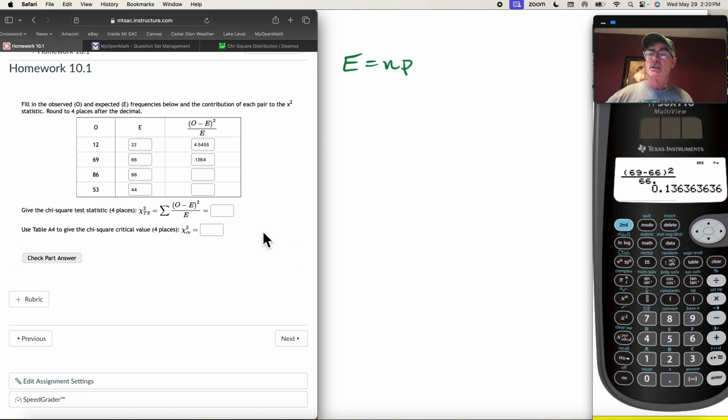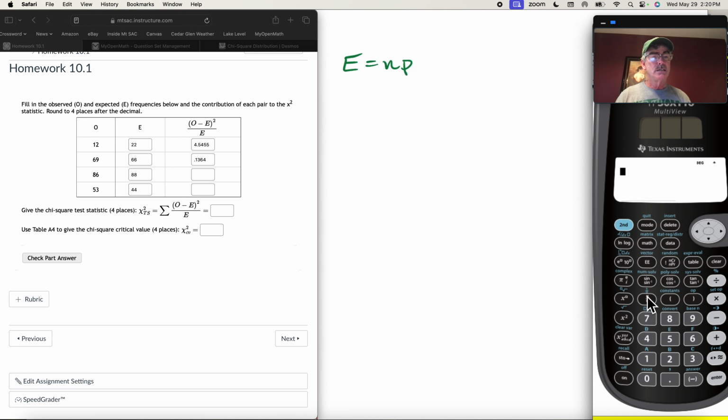Okay. All right, next one, this will come out even smaller because it's so close. We saw 86, we expected 88. That's really close. Anyway, I'll clear that and start with a fraction, parenthesis, O minus E, that's 86 minus 88, squared over E, which is again 88, and with a decimal point there.